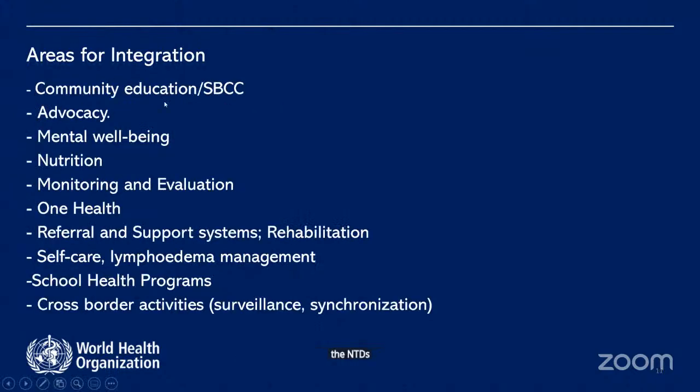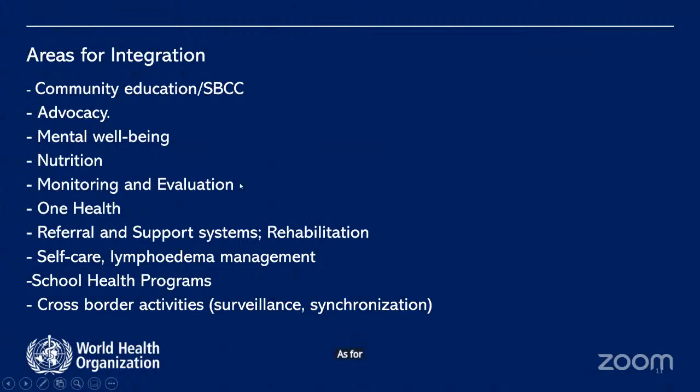And when it comes to community education, social and behavior change communication, I think I've already spoken to that. Then advocacy. We don't advocate for just one disease, but this is a group of diseases sharing the same testimony. So advocacy should be cross-cutting. Mental health, we have addressed it. And nutrition is also very cross-cutting and needed for almost all the conditions.